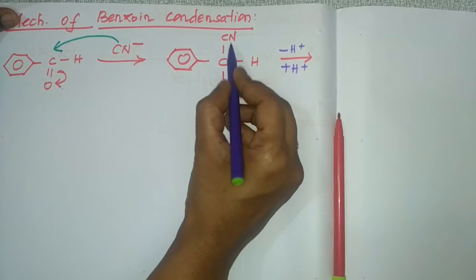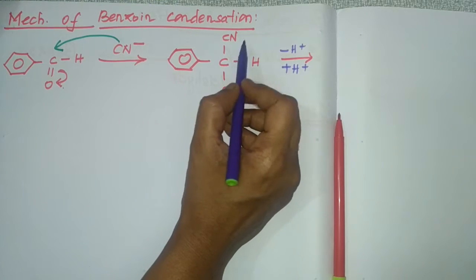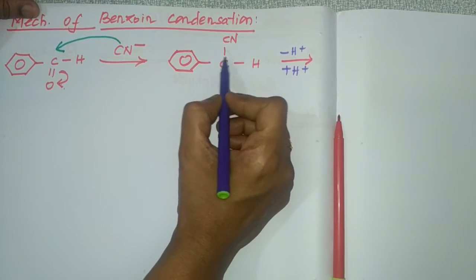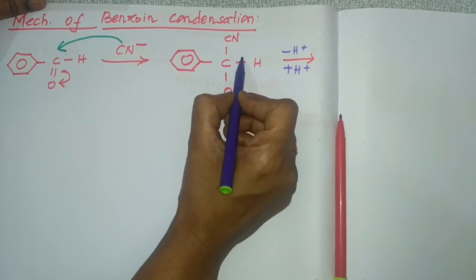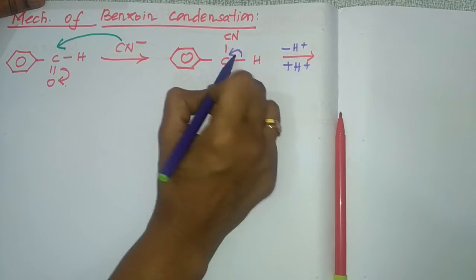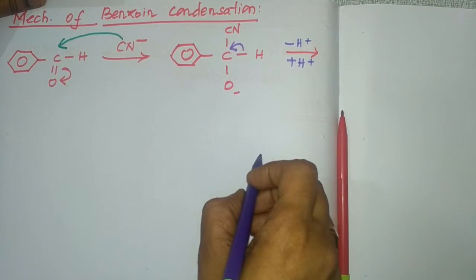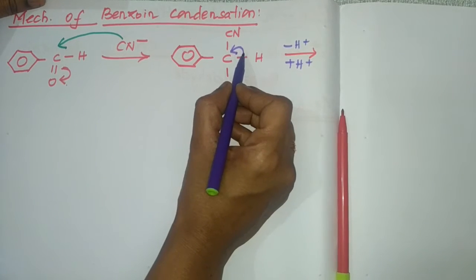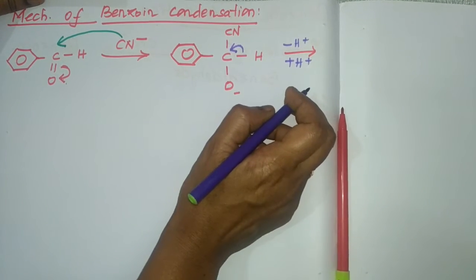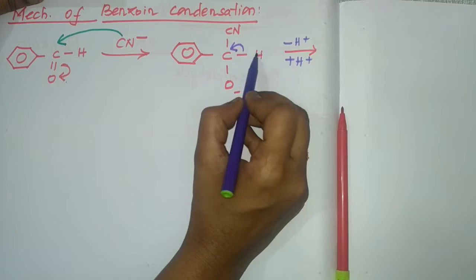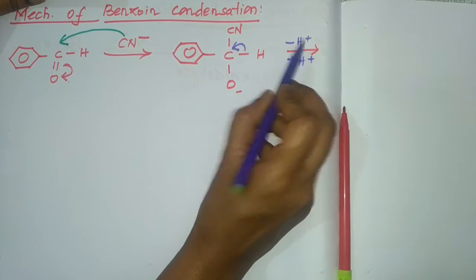See, actually this is an electron withdrawing group, you know. So here the electrons will be taken by this carbon, and this H will get removed as H plus.